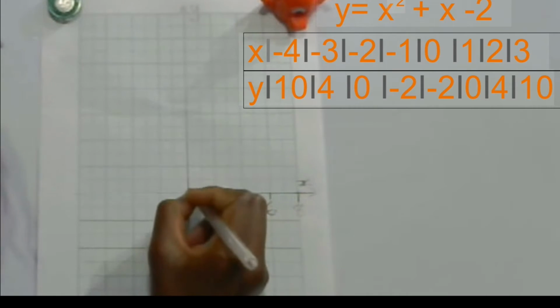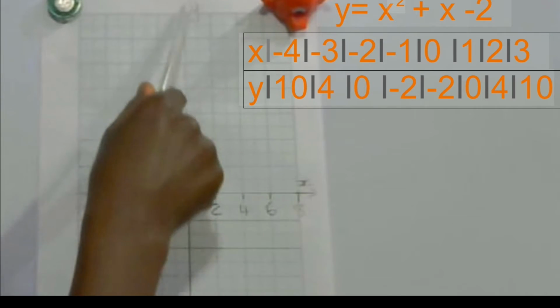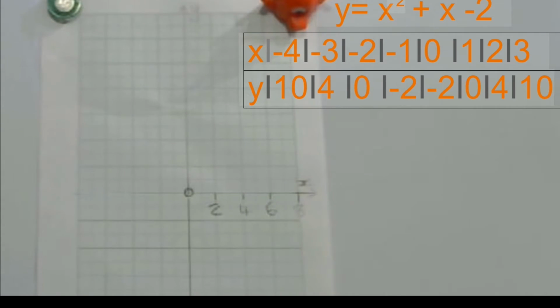And then it's a 0 there. That's our origin, where both the y and the x-axis meet.